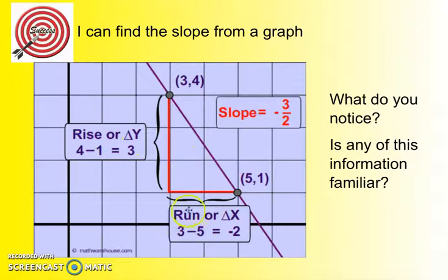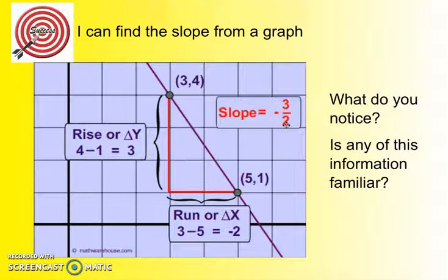That's my rise. And the run is subtracting the x-coordinates. 3 minus 5 is -2. So that's where that negative came from. So my wonder was actually correct. It is my rise over my run. And it's kind of cool that we learned where that rise and run came from.